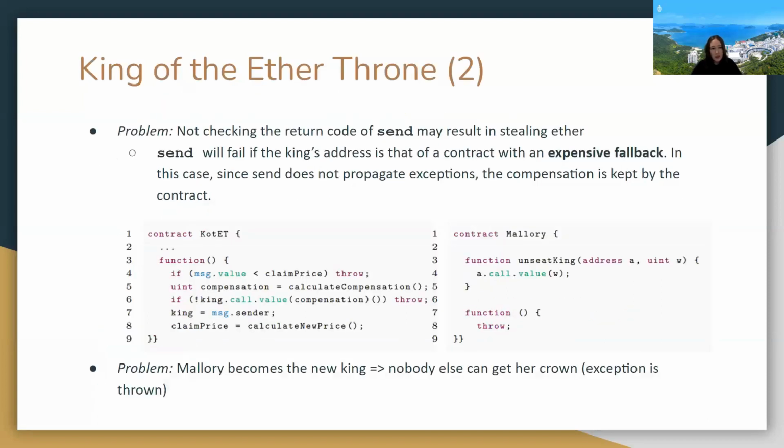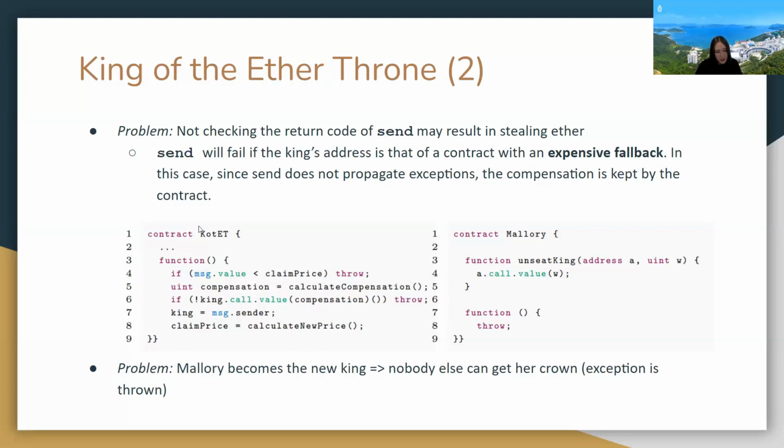This may lead to some problems. Send will also fail if the king's address is that of a contract with an expensive fallback. In this case, since send doesn't propagate exceptions, the compensation is kept by the contract.